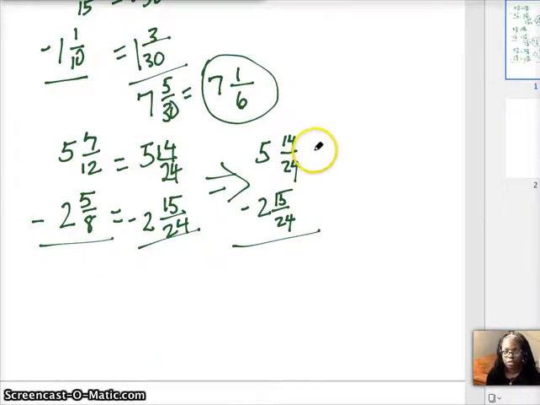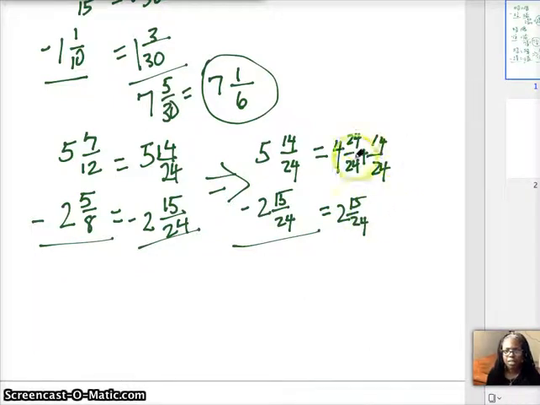So here's the deal. This is what I would do. I would look at this and call this 4 and 24 over 24. 5 is really 4 and 24 over 24, because 24 over 24 is 1, right? So that's 4 and 1, and then the other fraction, 14 over 24. Just promise me you'll look at it. 15 over 24 stays here.